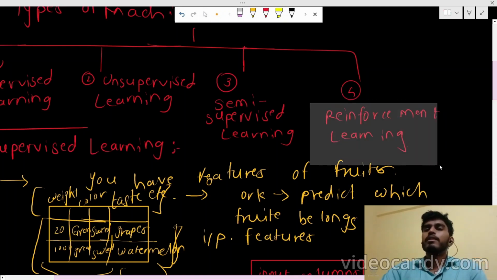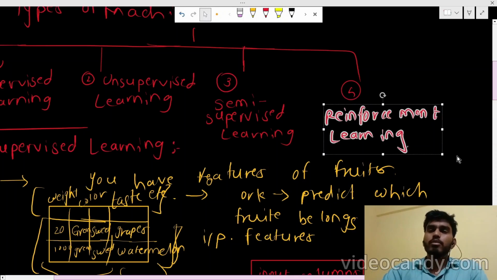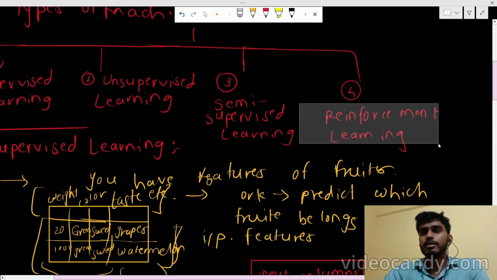So basically we create some rules for the model, and we leave that model in the environment. The model will get trained by its own mistakes. That is called reinforcement learning.